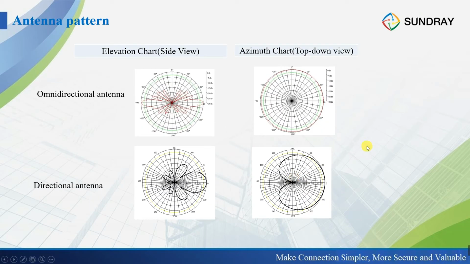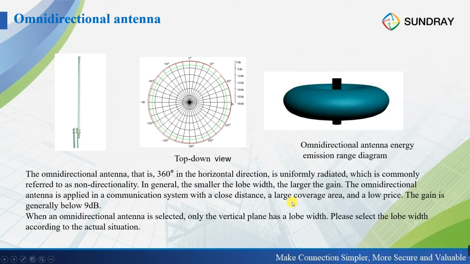This is the antenna pattern: omnidirectional antenna in the side view and the top-down view, and the directional side view and top-down view. For this omnidirectional antenna, like the kind of antennas we already mentioned, the horizontal is 360 degrees, and for the vertical it is around 50 degrees.